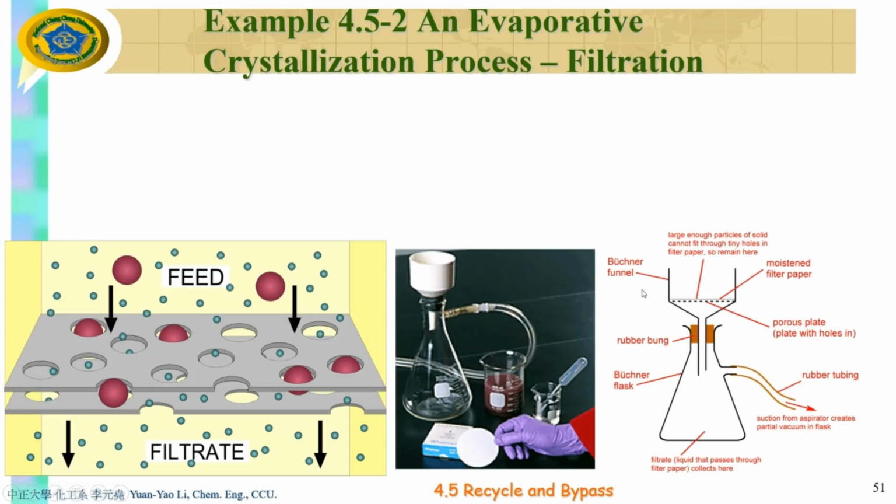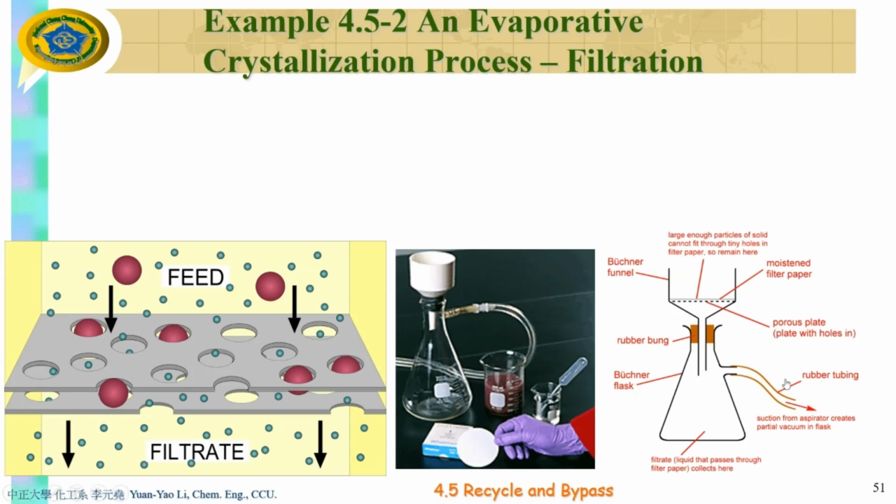So you have a beaker here, and you put the mixture in. Water will go through this filter, right? And then, for example, the silicon dioxide will be blocked on the surface of the membrane of the filter. So you have a solid and liquid separation.